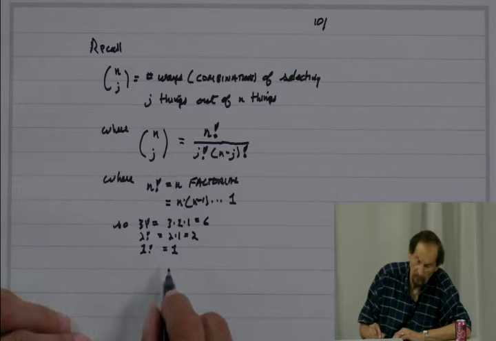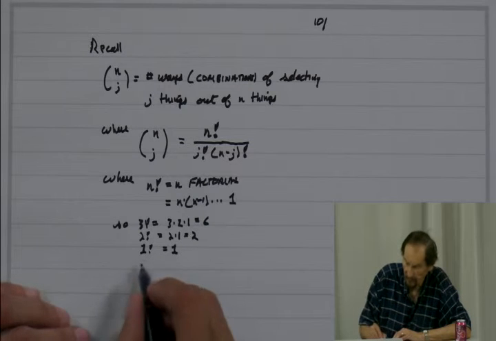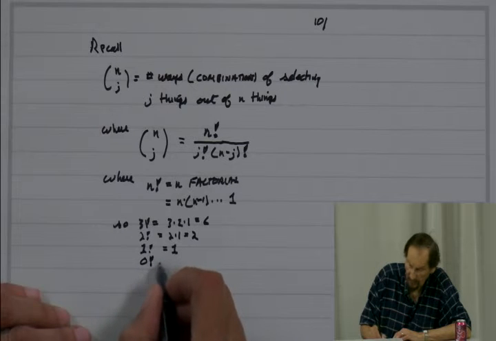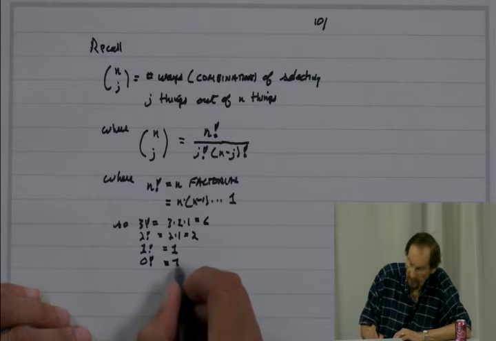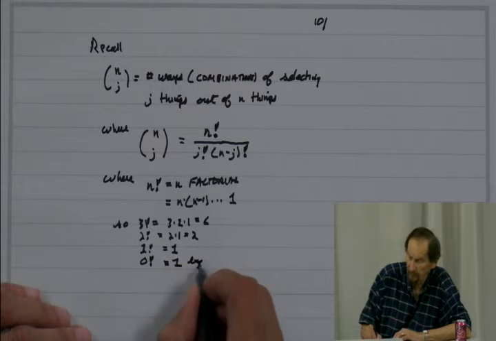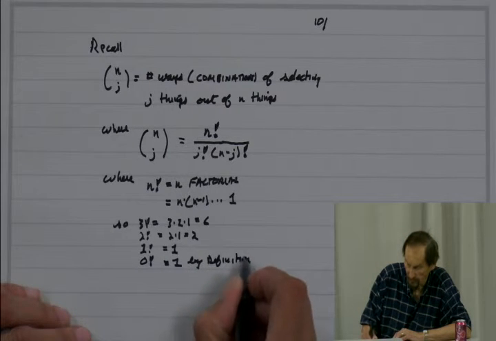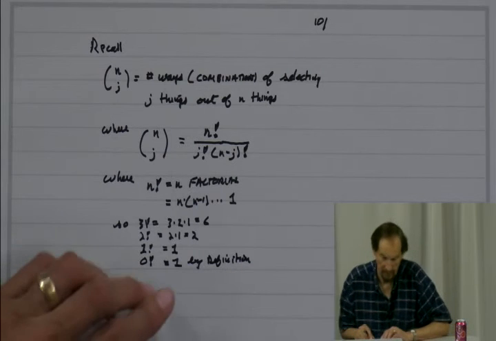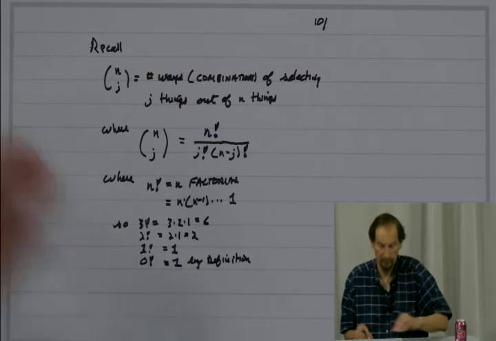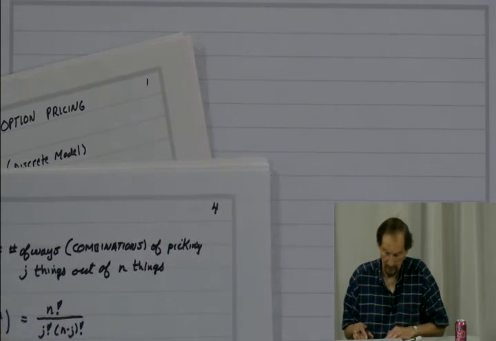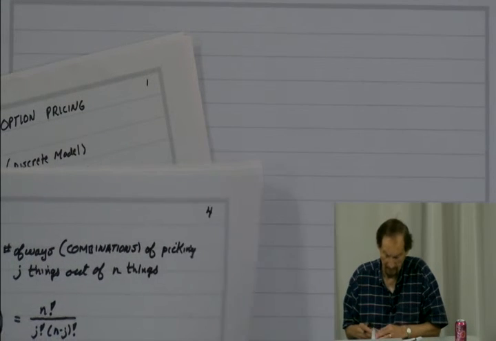And we also define 0 factorial to equal 1 by definition, although we won't usually see 0 factorial. Well, that's some of our elementary probability that you probably all have had.